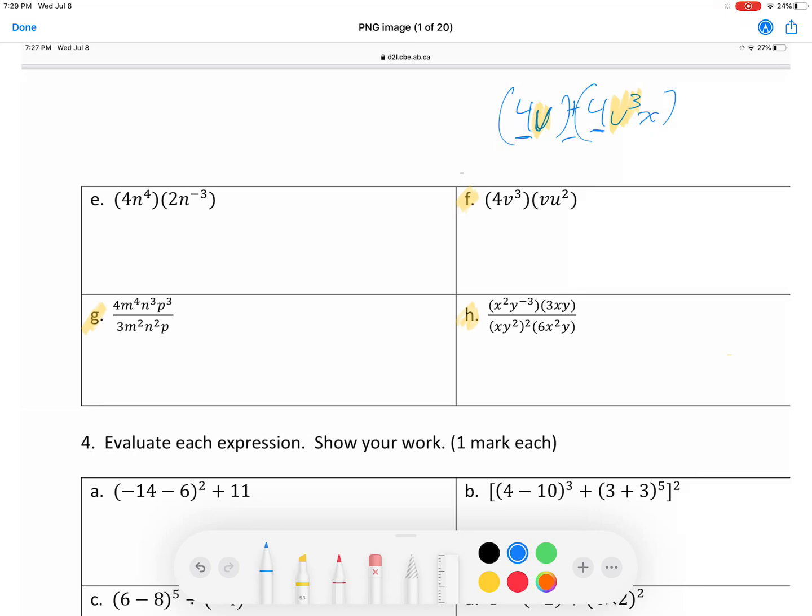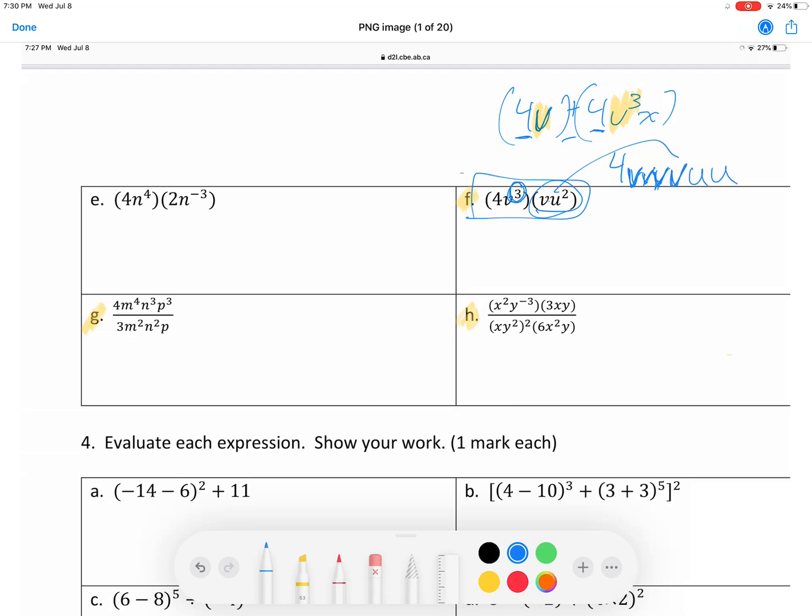The other thing I want you to keep in mind is that if I expanded out F, if I write this out in the long form, I would have 4, and this number here says I have 3 v's. Literally, v cubed means 3 v's. Now in the second term, I have 1 v and 2 u's.